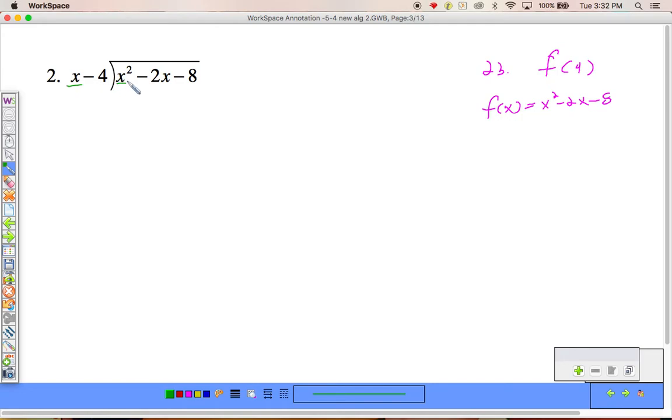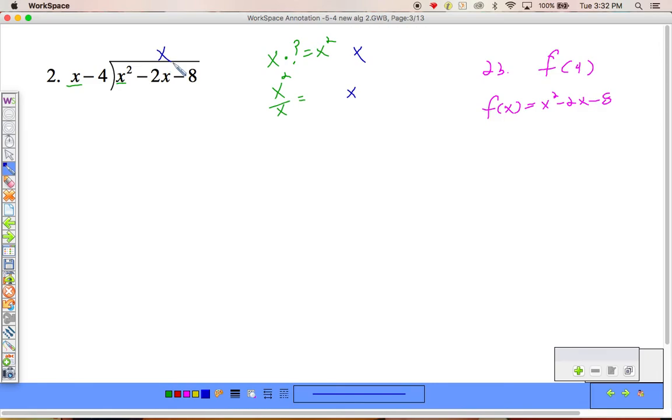My thought process is x times what gives me an x squared, or x squared divided by x is what? x times what is x squared is x. And x squared divided by x is also x. So I'm going to put an x up here on top.